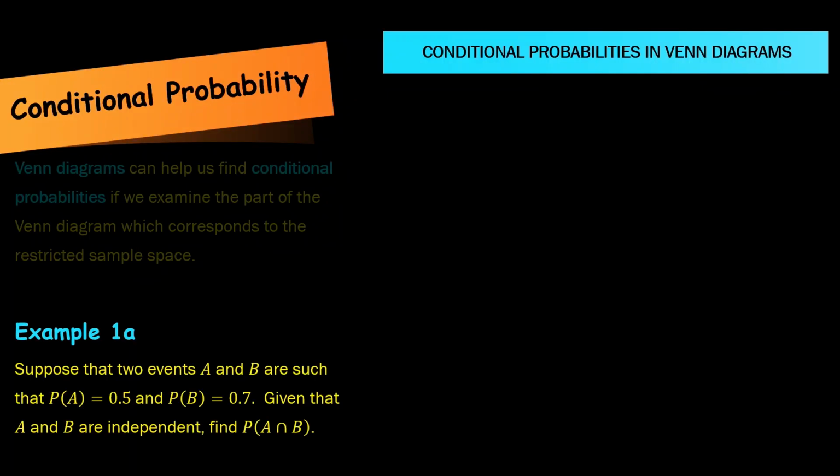Let's take a look at part A first. Suppose that two events A and B are such that probability of A equals 0.5 and probability of B equals 0.7. Given that A and B are independent, find probability of A intersect B. So let's solve this.